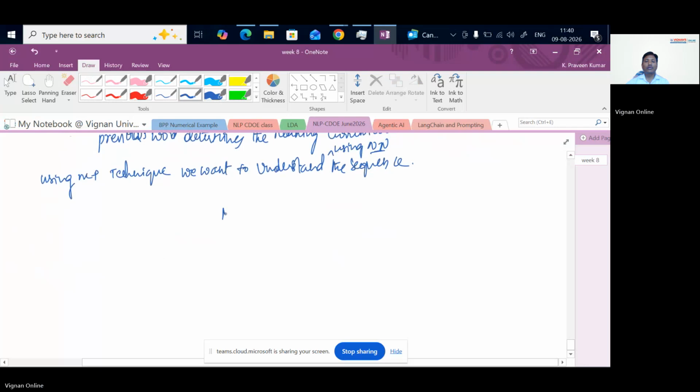A multi-layer perceptron is a basic neural network architecture. When it takes some input, I send the input to the neurons, and there are certain hidden layers. They are all fully connected, densely connected.